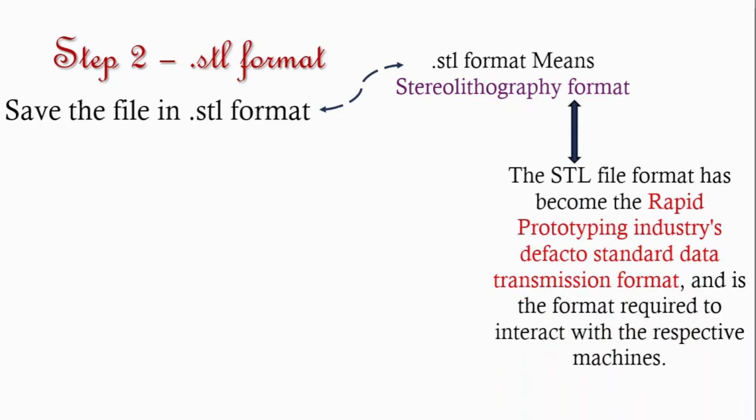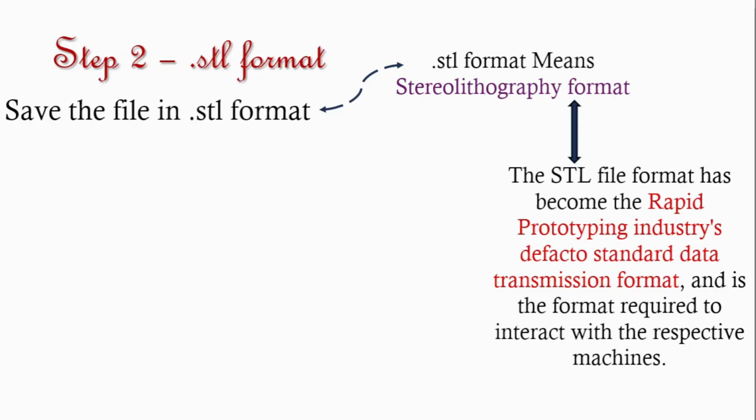This STL file format has become the rapid prototyping industry's de facto standard data transmission format. It is the standard file format of all 3D printing machines. So if you want to print any product, you have to have the file in .stl format, because this format is read by the CAM software as well as the 3D printing machine only.